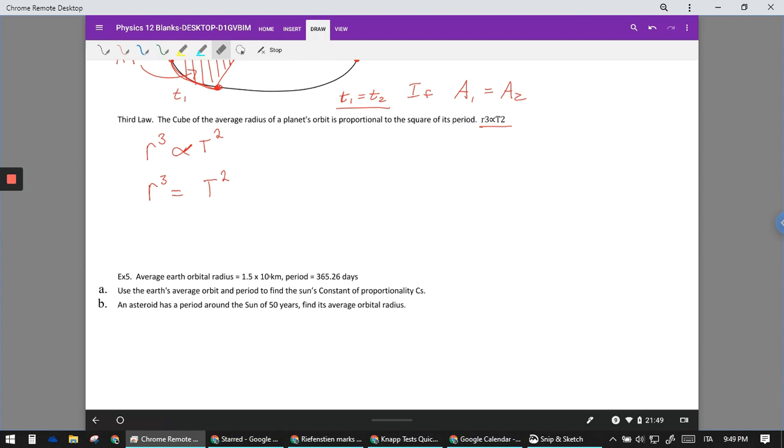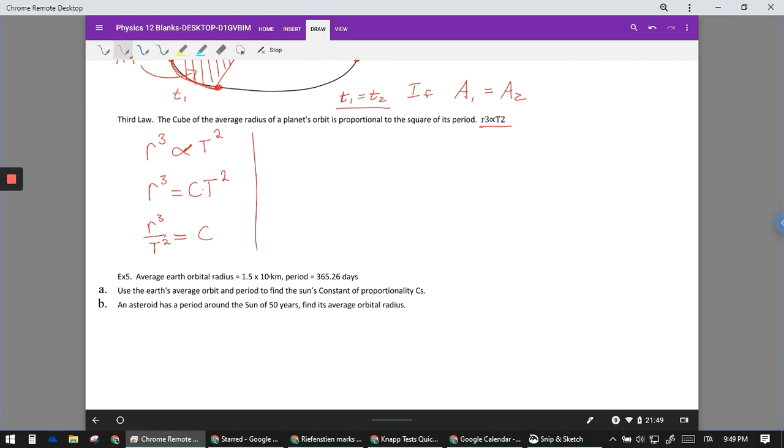Now, the constant that they use isn't K, they actually have to use a C for this particular topic, okay? So essentially what you end up getting is this C value is r to the third over period squared. And how does that pan out?